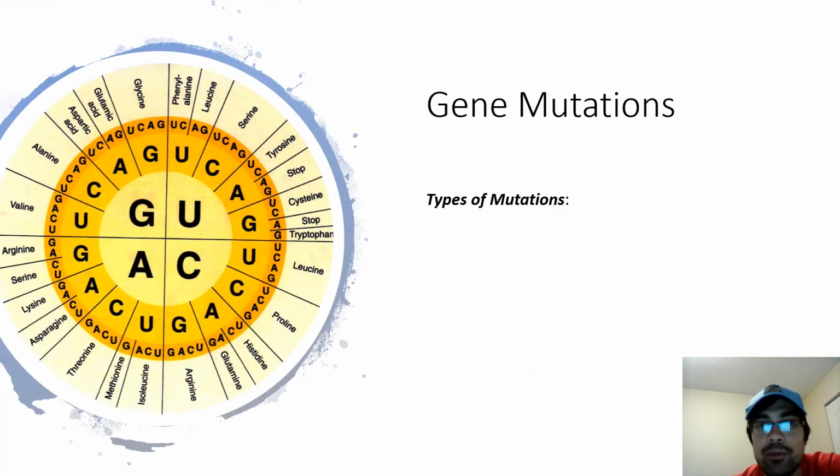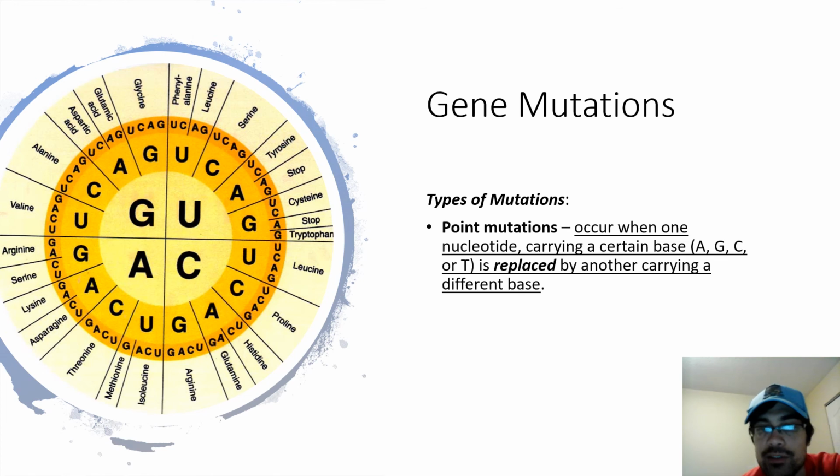Okay, so in terms of types of mutations, like I mentioned, there are two that we're going to look at, and one of them is the point mutation. A point mutation occurs when a certain base is replaced by another base.